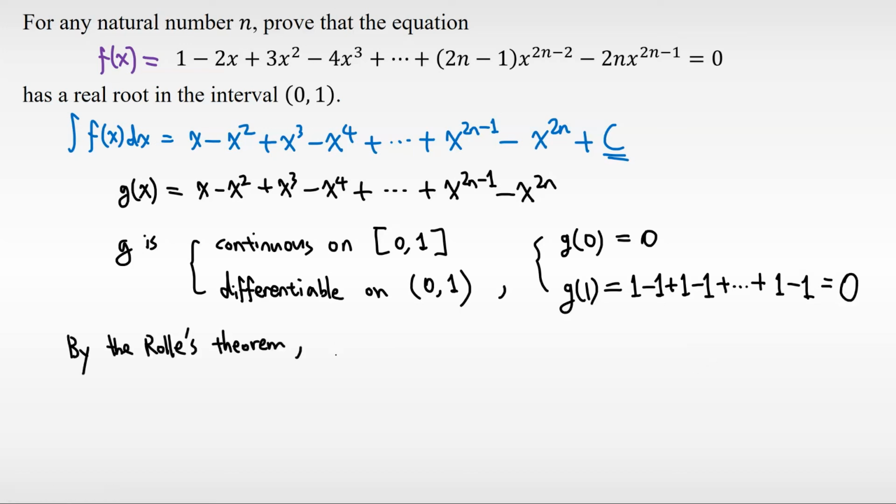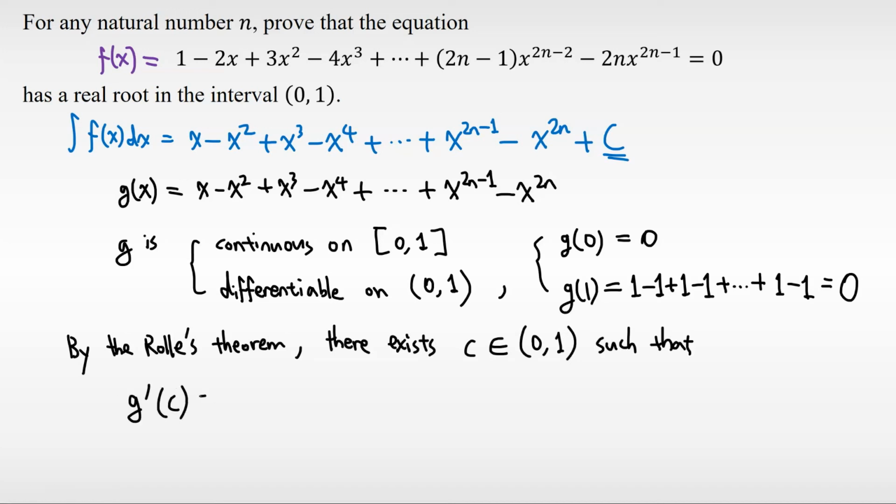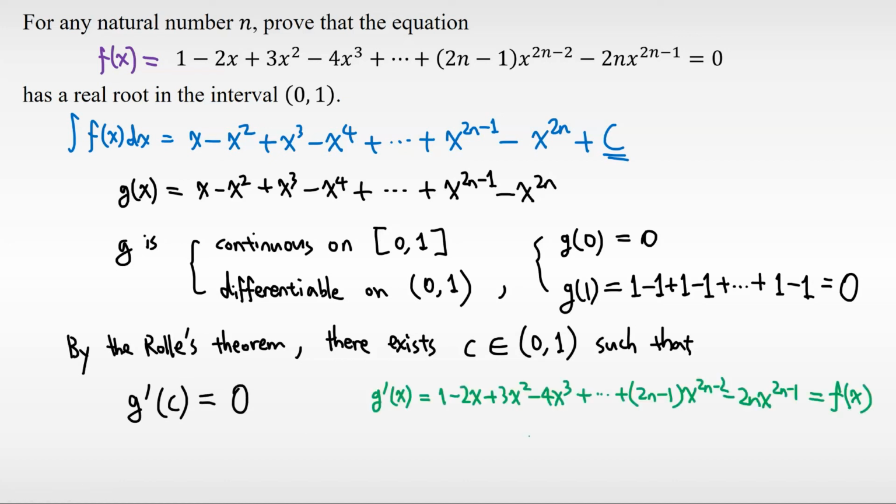Therefore, by Rolle's theorem, there exists a number c in the open interval (0, 1) such that g'(c) equals 0. And since the derivative of g(x) is simply f(x), it means that the given equation indeed has at least one real root in the open interval (0, 1).